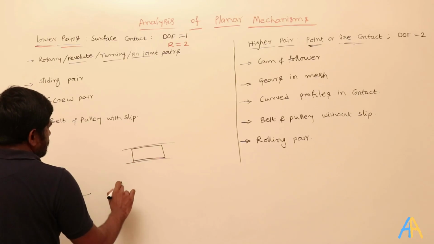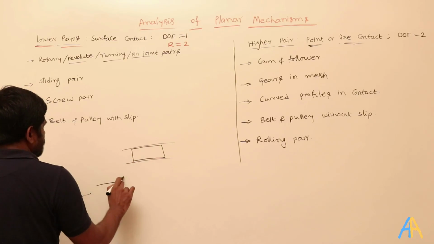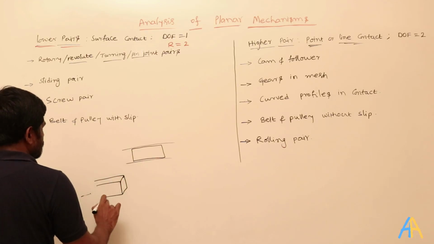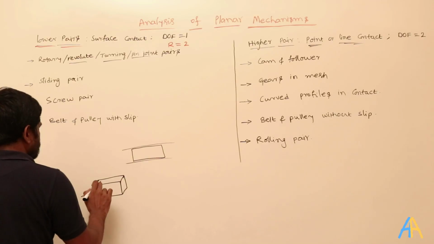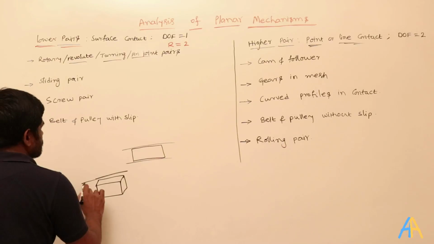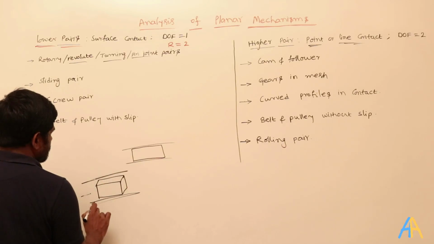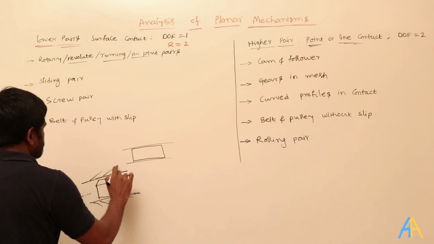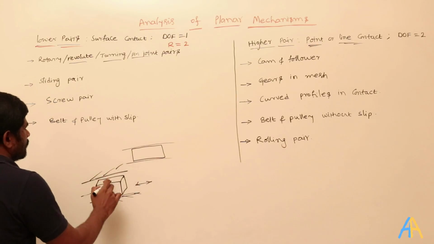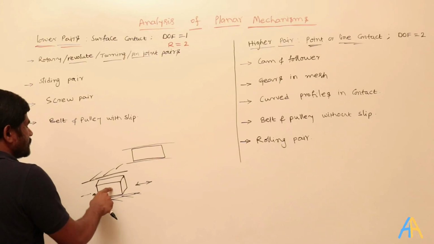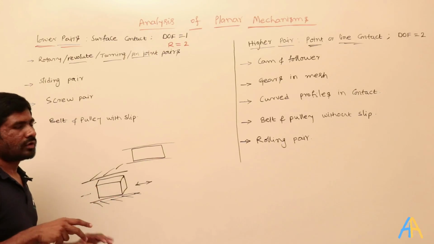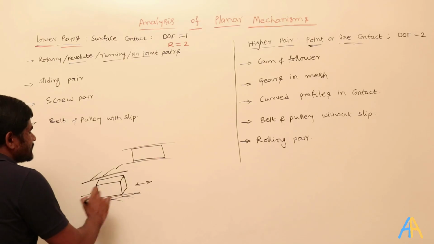Otherwise, if I draw it like that, now you can visualize this. This is the one, and here this is the groove. In this groove, it can go to and fro. So it cannot rotate because it is rectangular in nature. If it is a circular rod, then it can rotate. So it is only sliding.